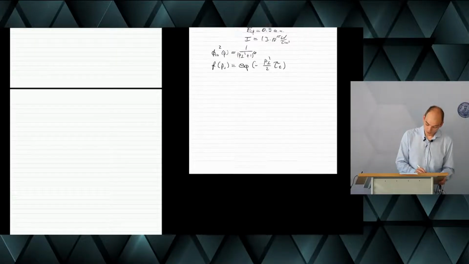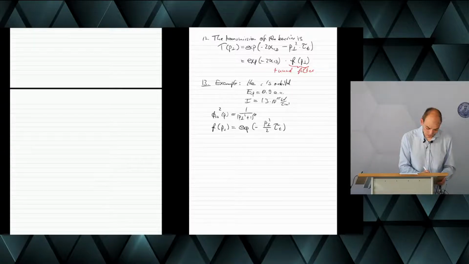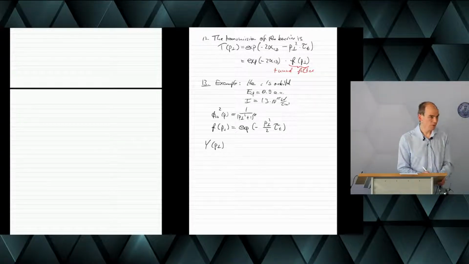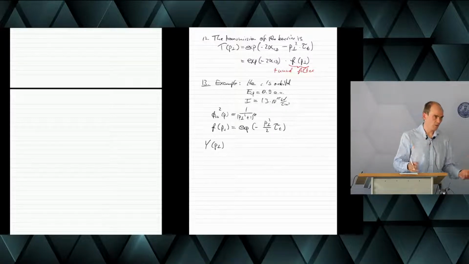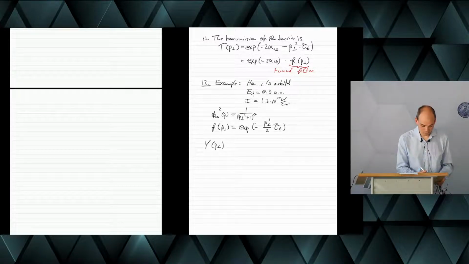And what we measure is the yield as a function of the perpendicular momentum. This is proportional to the wave function squared, 1s of p, times the tunnel filter.